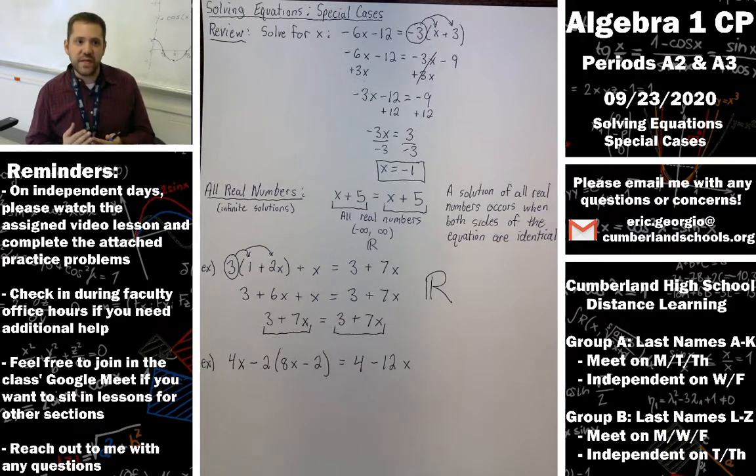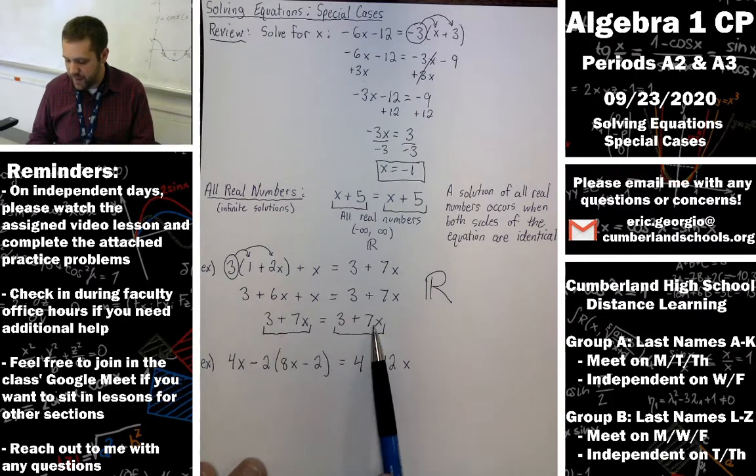I am kind of spilling the beans to tell you that that has an infinite number of solutions because we're doing it under the section on a solution of all real numbers. But at first, it can be a little not so clear, right? It's not like it immediately stands out that it has a solution of all real numbers. But after we go through a couple steps, you'll be able to see that start to appear. Again, we're looking for when both sides match.